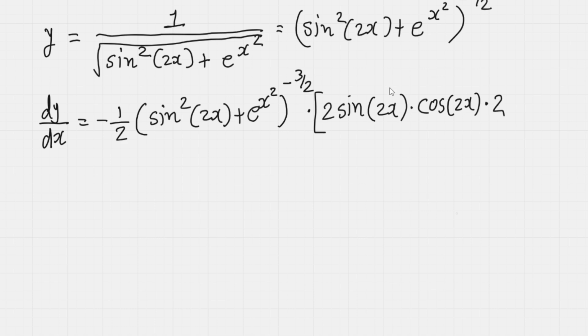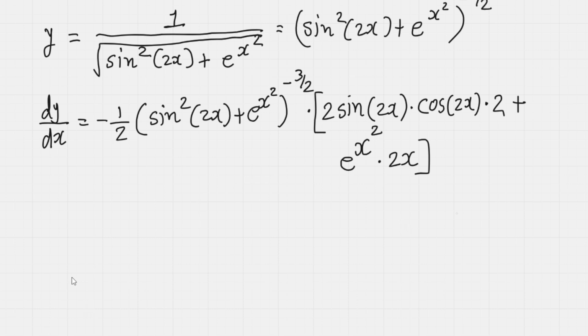So we are done with the derivative of this sin² 2x using the chain rule, and plus the derivative of e^(x²) would be e^(x²) as it is. Now using the chain rule we will go in the power. In the power we have x², so its derivative would be just 2x.